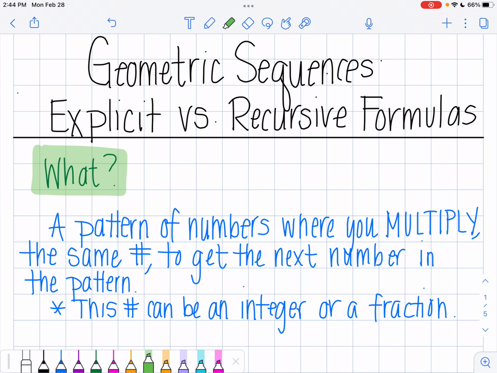A geometric sequence is where you have a list of numbers that have a pattern and you multiply by the same number to get the next number in the pattern or in your list.